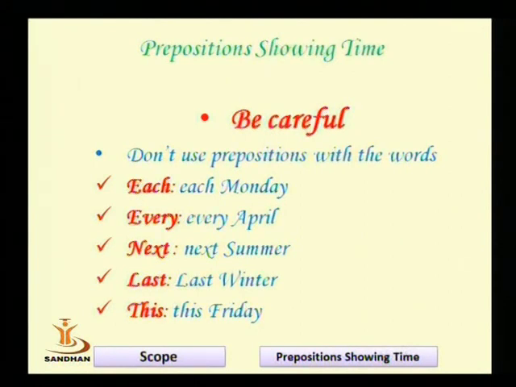When you find Monday and each together, that is called each Monday. If we find only the word Monday, we can use a preposition, but with each Monday, one can't use the preposition. Like every April: if only April is there, we can use the preposition in, but with every April, one can't use a preposition.